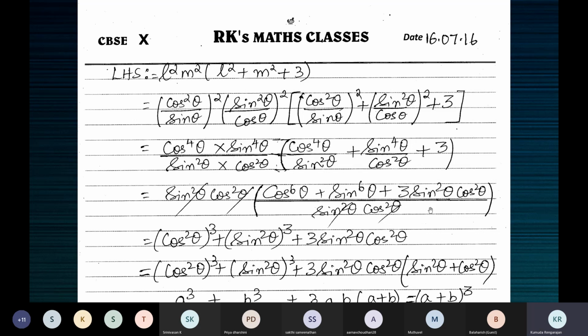In the bracket, this is the common denominator. Now we need to multiply the numerator with cos square theta because we have sine square theta. So use the law of exponents.